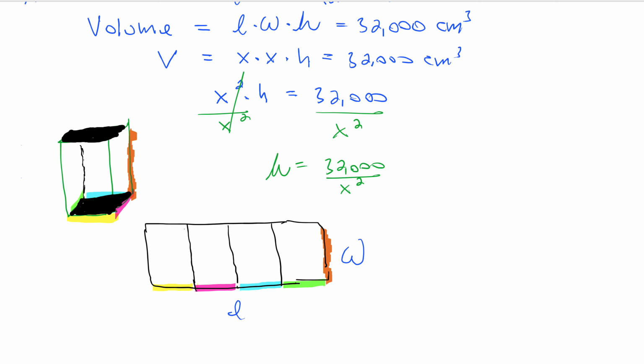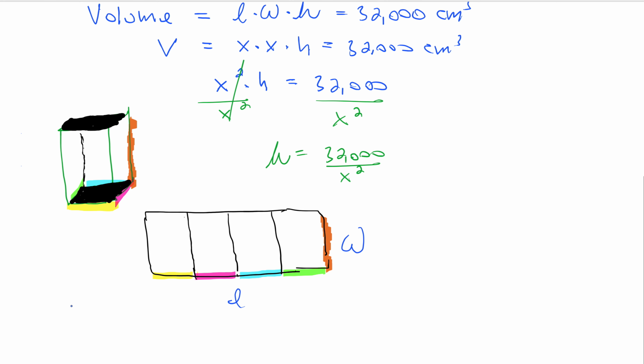So to get what's called the lateral area, the perimeter of all the sides, you want to get your perimeter of the base times your height.